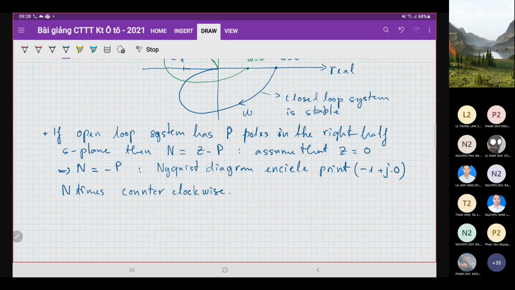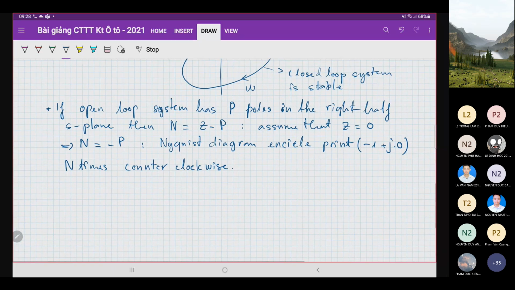Okay, then the system is stable. And if this condition is met, then the closed loop system is stable. If not, then the system is not stable. Okay.